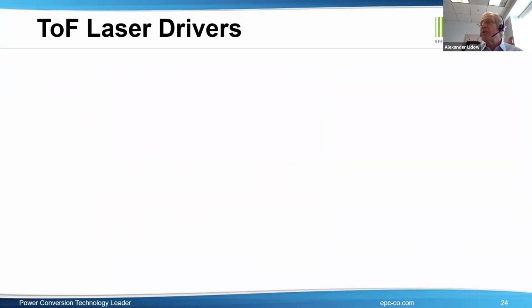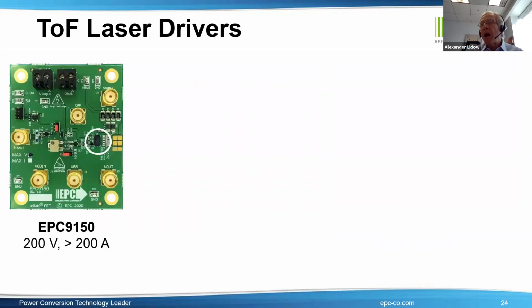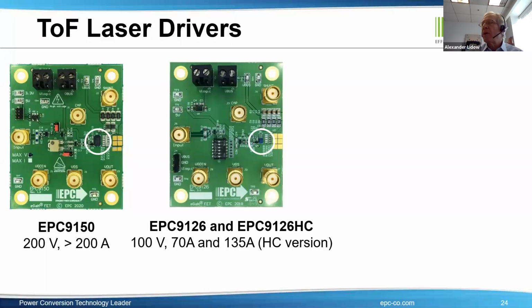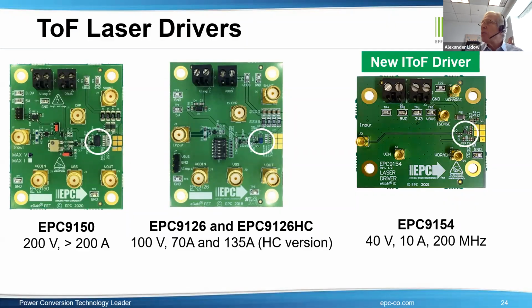So all of these things you can buy off the shelf from EPC. These little development kits, like the 9150, which is for that 200 ampere pulse. That oscillogram was measured right off of this demo board. There's an intermediate range, and then there's the brand new one that comes with this IToF driver, the 9154, which again, those oscillograms were measured right off of this board, and it has a little interposer there to the right of the white circle.